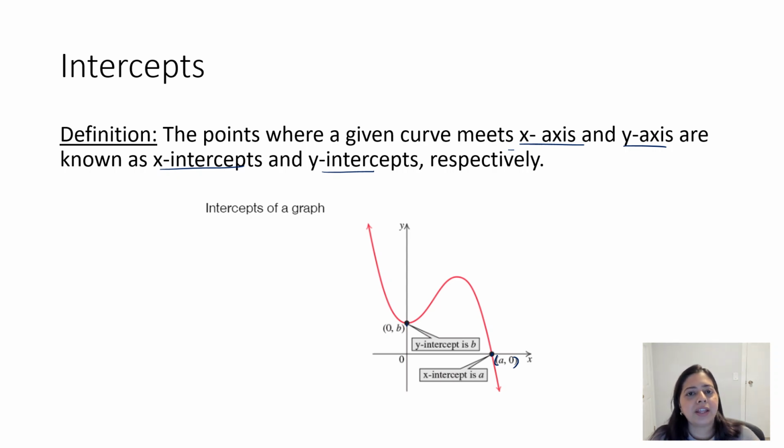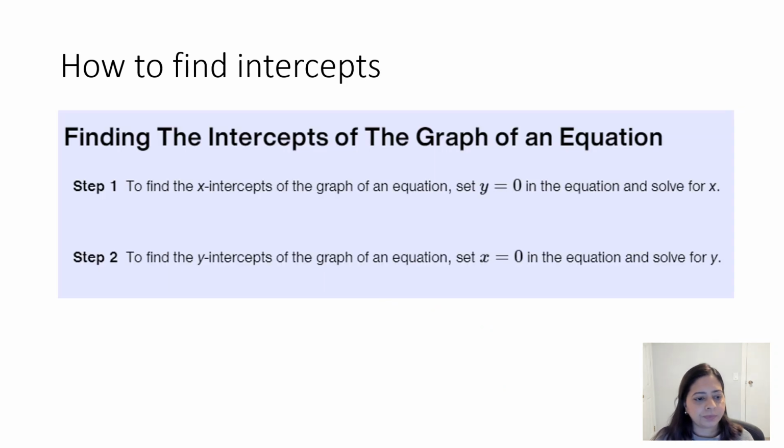Like before drawing the graph, if you want to compute x-intercepts and y-intercepts, how do you do that? So it's easy. To find the x-intercepts, you put y equals to 0 in the given equation and solve that equation for x. Now why do you put y equals to 0?